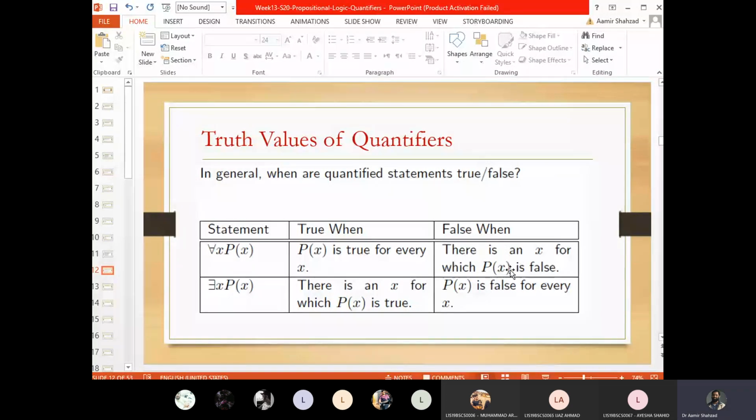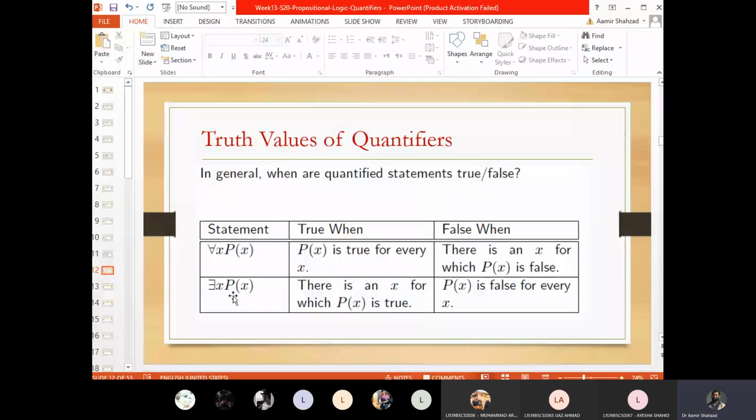There is an x for which p of x is false. So an existential quantifier: there exists some x such that negation of p of x holds. So for the negation of the universal quantifier, we get an existential quantifier with the negation of the predicate.